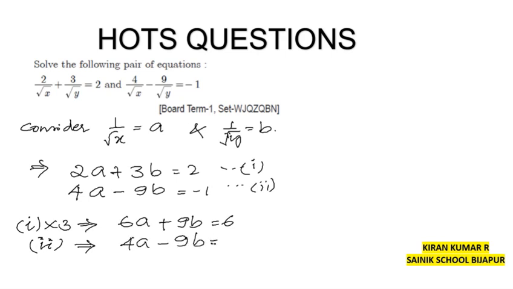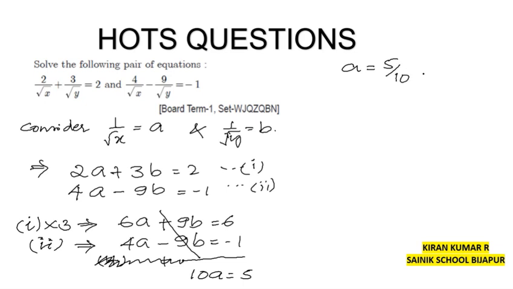What I am doing here is I am adding this so that b gets eliminated. We'll be getting 10a as 5. So the value of a will be 5 by 10, which is 1 by 2.